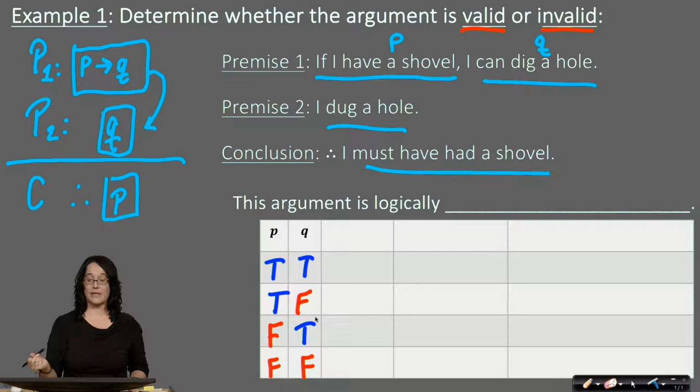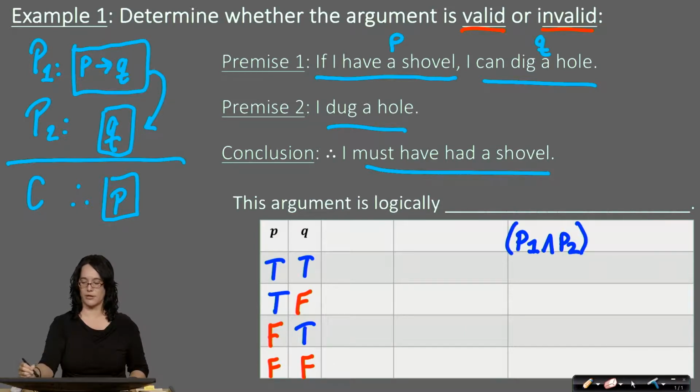Now I need to write a column for every simple statement until I build up to my final one. Where are we going, though? You need to have a plan. Your plan is to have premise 1 and premise 2. Again, if there are multiple premises, you'd have them all together in parentheses with a conjunction, implying your conclusion. So let's see if we can do that.